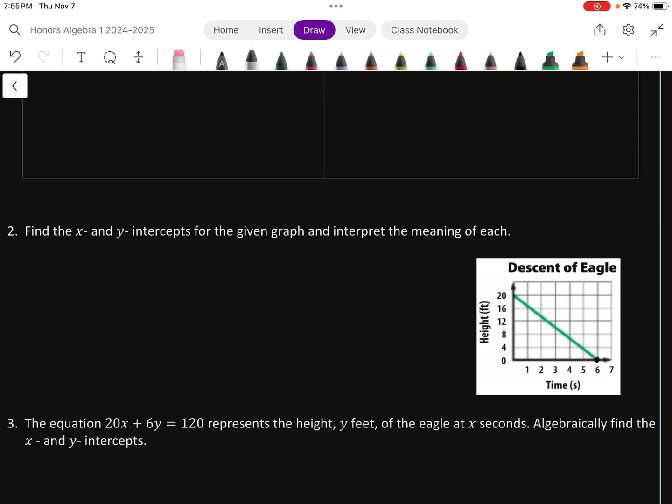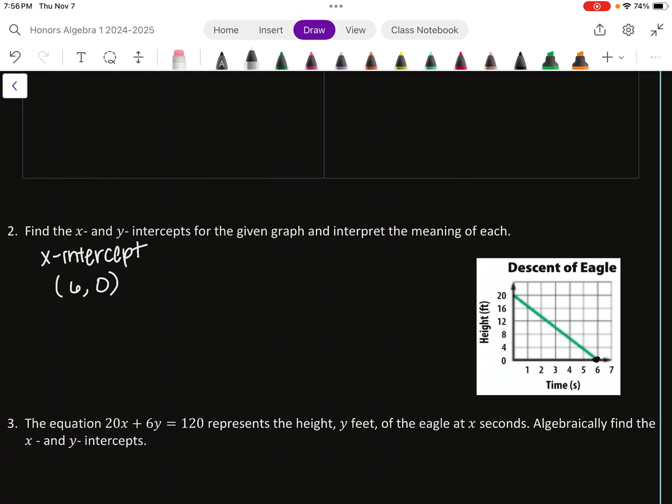So if we interpret the meaning of the x-intercept, I put a little black dot where that graph crosses the x-axis, which is the horizontal axis, and it's at 6. So the x-intercept is (6, 0), right? The y is 0 there. So the height is 0.